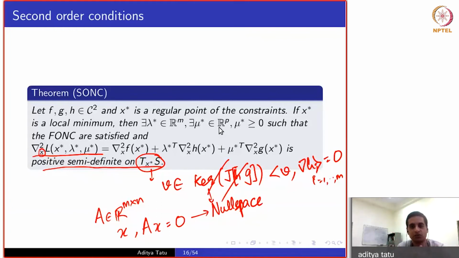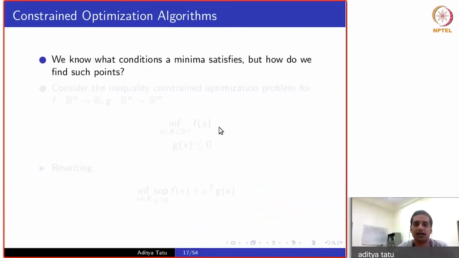That's point number two. Point number three, they have to be computationally efficient. In other words, if I start at a particular point, I should reach the minima quickly. All these three aspects are important.